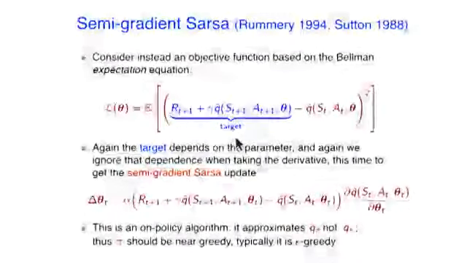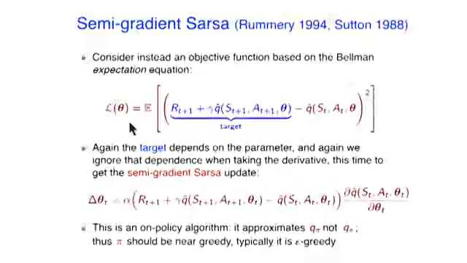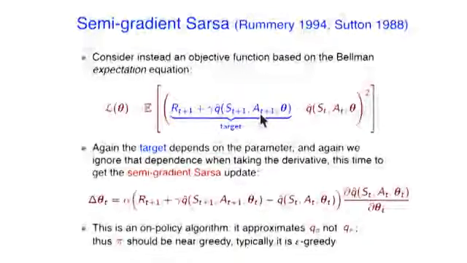And our objective function is based on the Bellman expectation equation instead of the Bellman optimality equation. This we saw earlier. So our target now doesn't have a max in it. Instead, we take whatever action it is we do on the next step rather than maxing over possible actions. And that's going to make this into an on-policy algorithm. Okay, but otherwise, we do the same thing. We ignore the dependence of the loss on the target, on theta, and just take the derivative with respect to the second part.